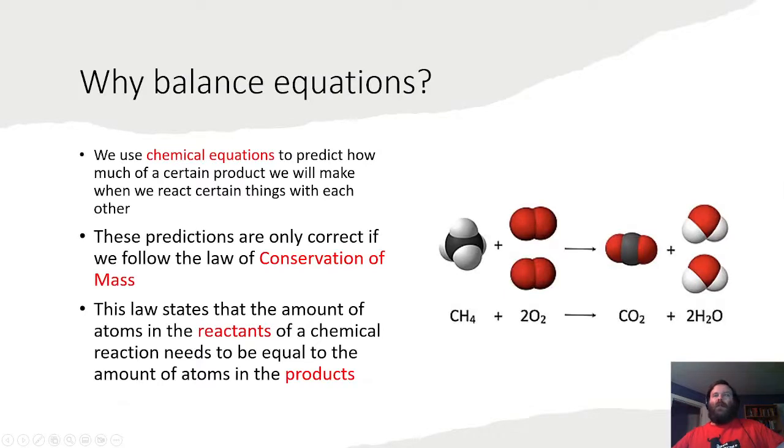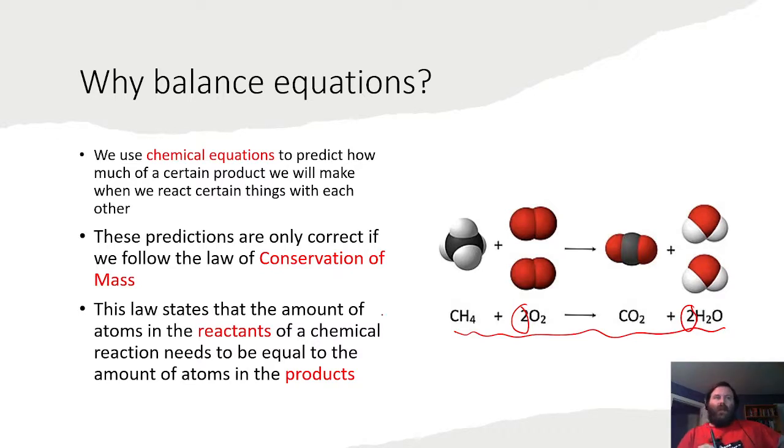So, balancing equations. First of all, what is balancing an equation and why do we need to do it? Balancing an equation is looking at an equation like the one we have down here and making it so that the number of atoms on each side is the same, and the number of each type of atom is the same as well.